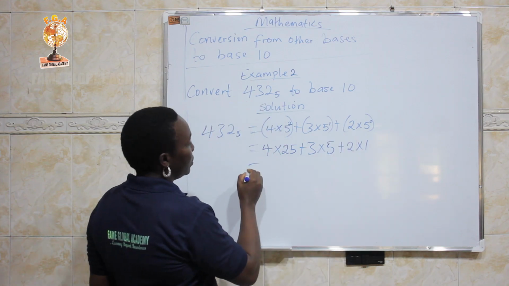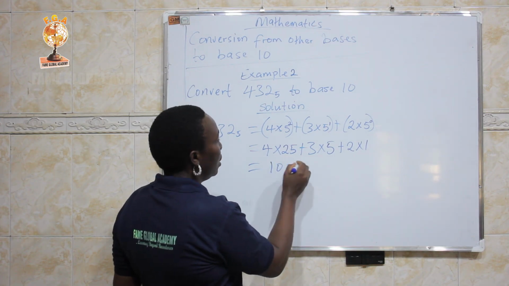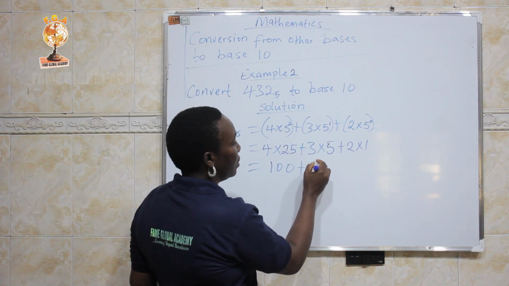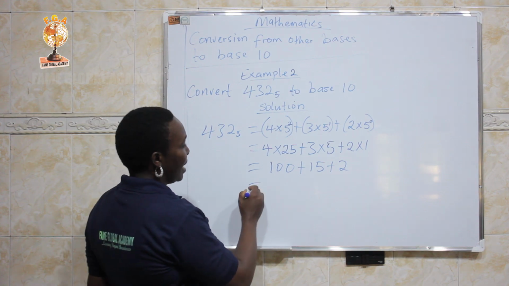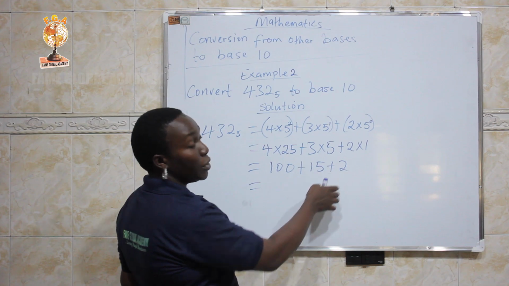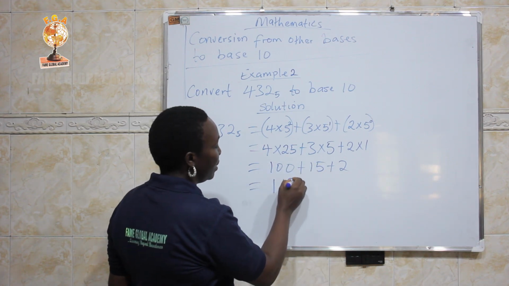Okay, so let's continue. 4 times 25 will give us what? 100, plus 3 times 5 will give us what? 15, plus 2 times 1, which is what? 2. Okay, so let's add everything together. This is 100 plus 15 plus 2. 15 plus 2 is 17. 17 plus 100, that will give us 117.